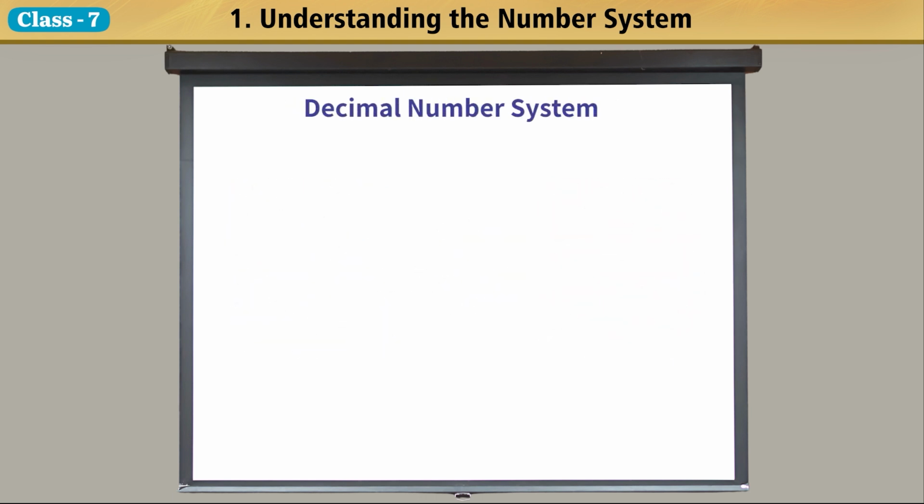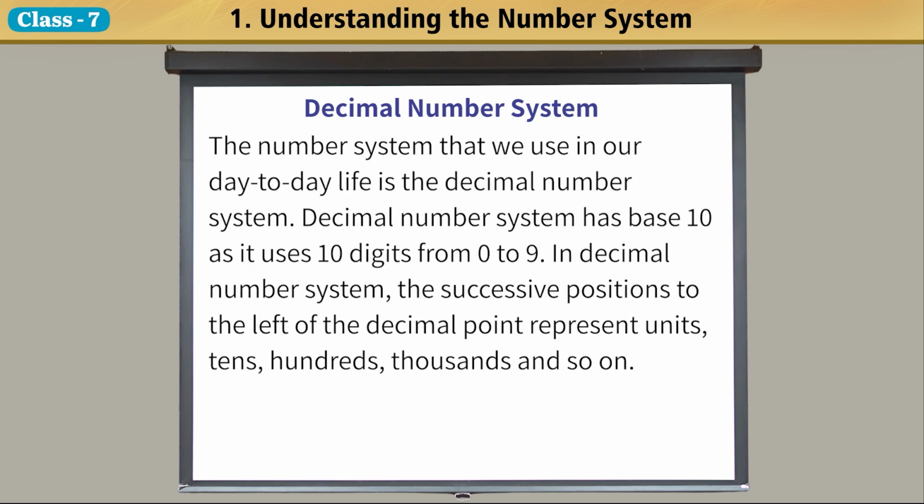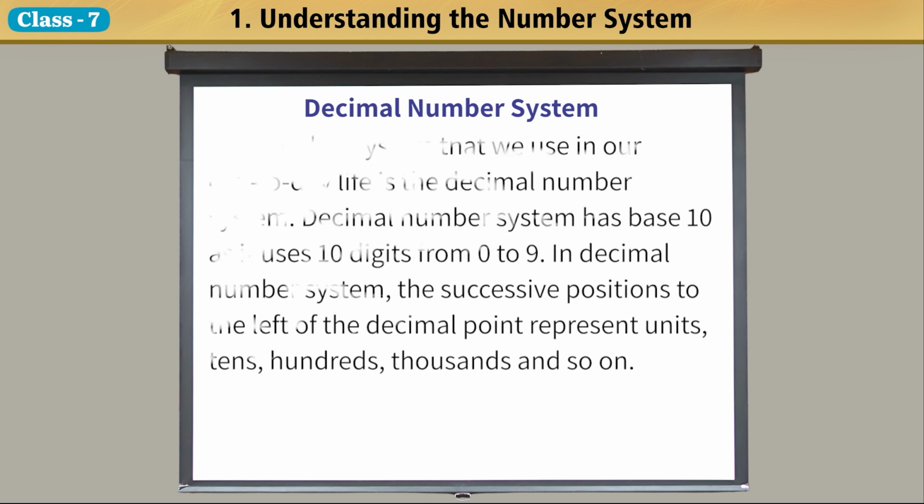Decimal number system. The number system that we use in our day-to-day life is the decimal number system. Decimal number system has base 10 as it uses 10 digits from 0 to 9. In decimal number system, the successive positions to the left of the decimal point represent units, tens, hundreds, thousands, and so on.